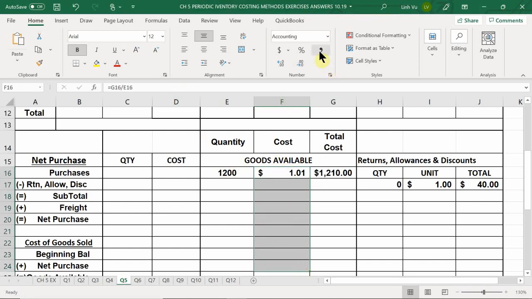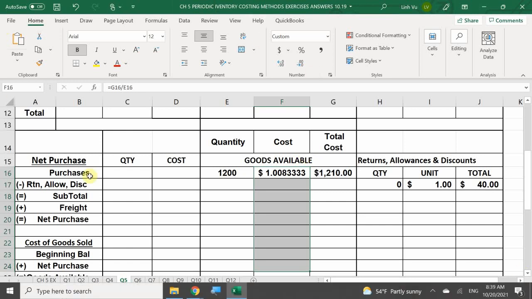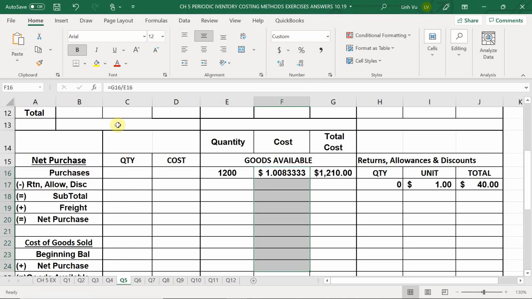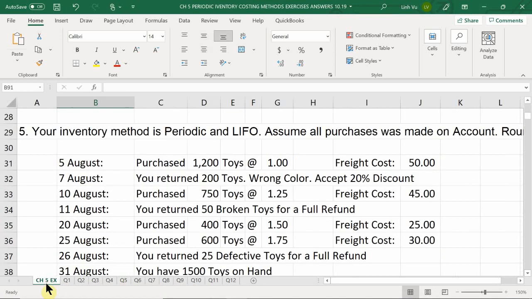Because we're spreading less cost over the items, it's going to get cheaper, so it will drop the cost per item slightly. Okay, so then let's see what happened next.